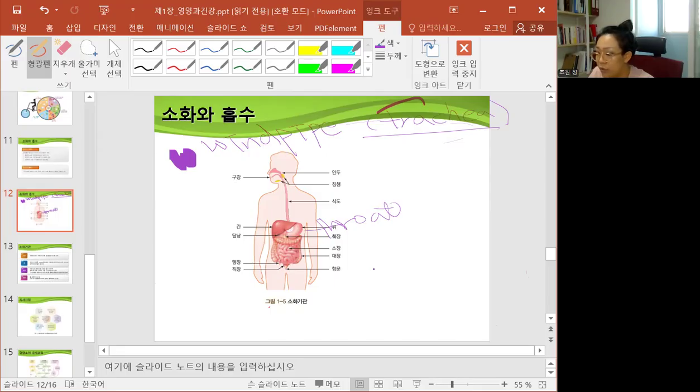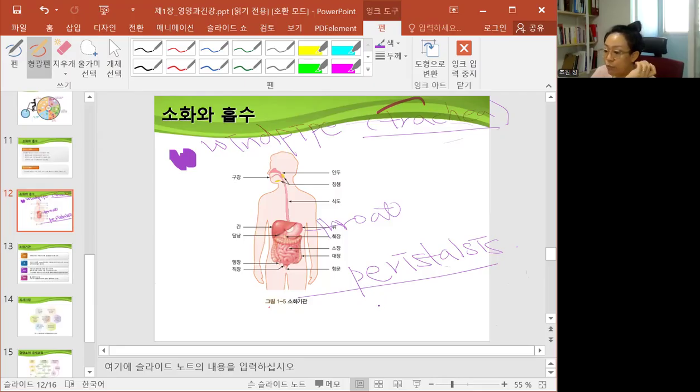The walls of the esophagus contract in a wave-like motion called peristalsis.